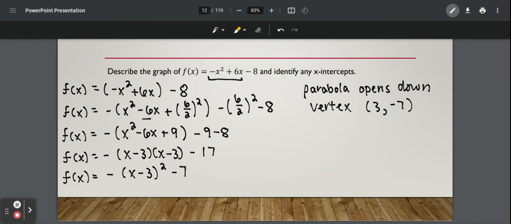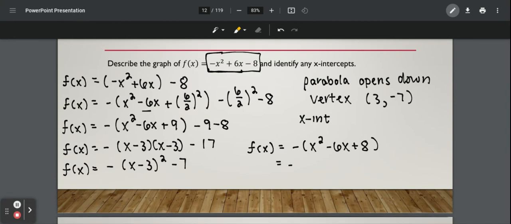And then to find the x-intercepts, we actually need to go back to our original equation. So we'll leave a spot here for our x-intercepts. But when we go back to f of x, we're going to factor this to get our x-intercepts. And to factor a quadratic, it's always easiest if your leading coefficient is positive. So let's factor that negative out. You have x squared minus 6x plus 8.